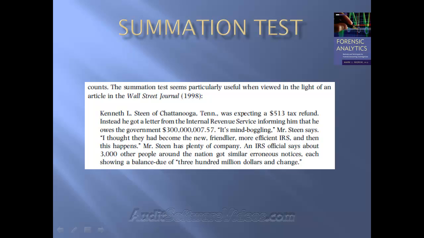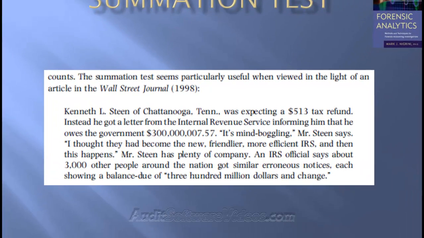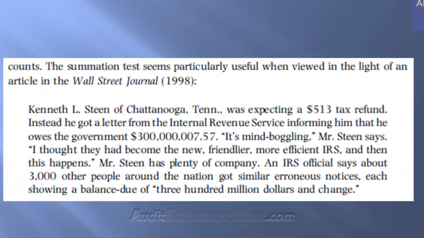But I love this example that Mark Negrini used in our last webinar, where in this Wall Street Journal article he was expecting a $513 tax return, and instead he got a letter informing him of $300 million. It was mind-boggling.